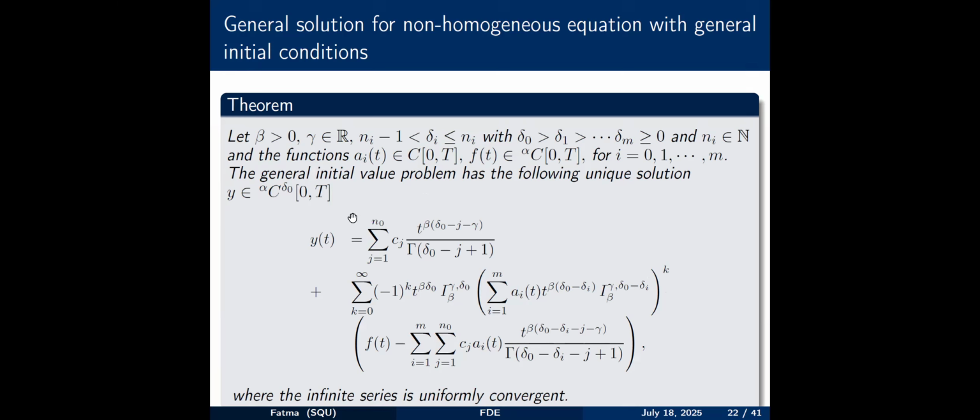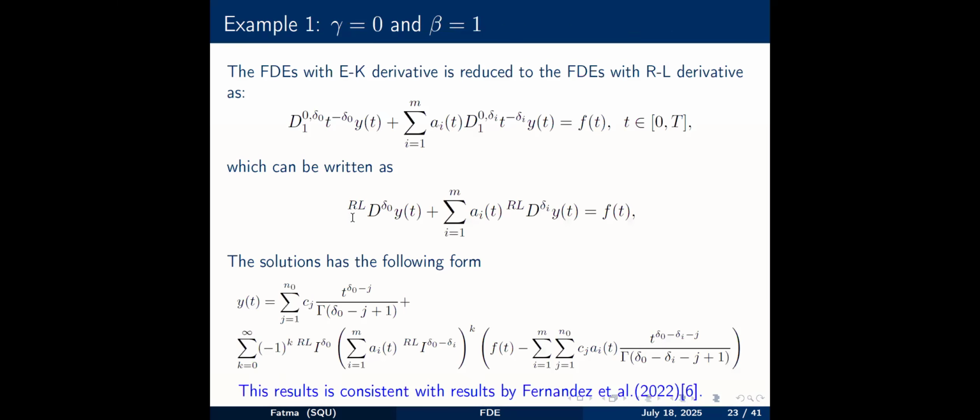Okay. Now to check this solution, we consider some examples and compare them with the literature. First case, we put gamma equal to 0 and beta equal to 1. Then the fractional differential equation with Erdélyi-Kober derivative is reduced to the differential equation with Riemann-Liouville derivative.